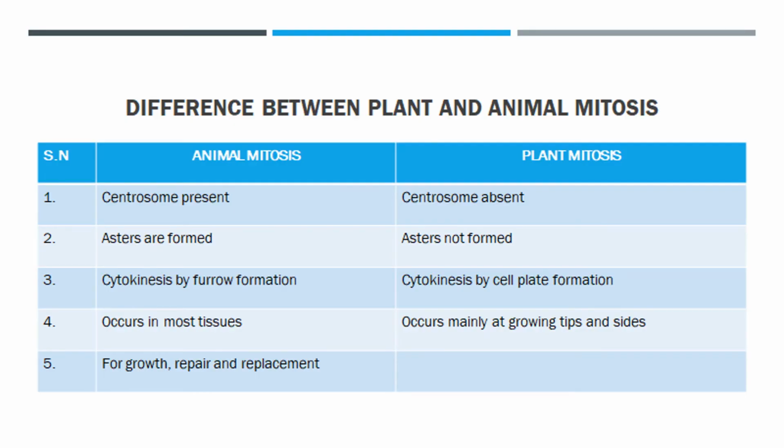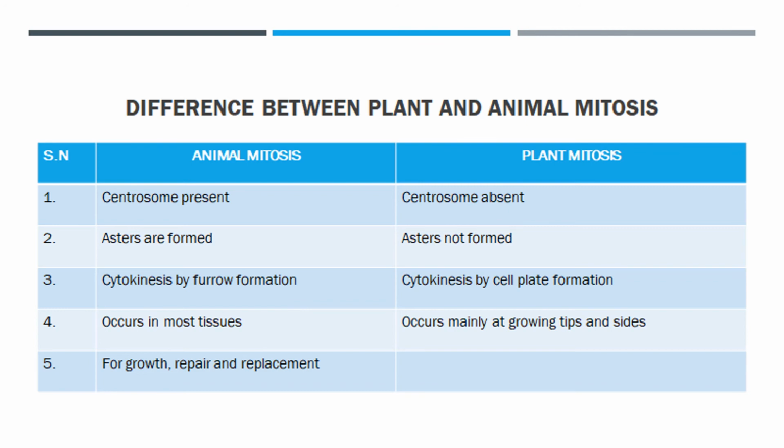There is a slight difference between plant and animal mitosis. In animal cells, centrosomes are present, so asters are formed during animal mitosis. In plant cells, the centrosomes are absent, so asters won't be formed during plant mitosis.